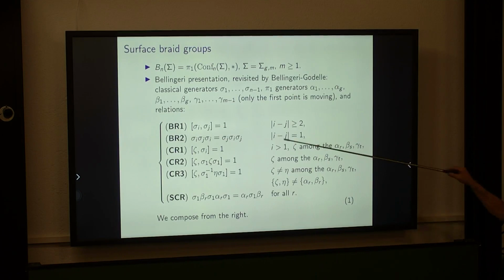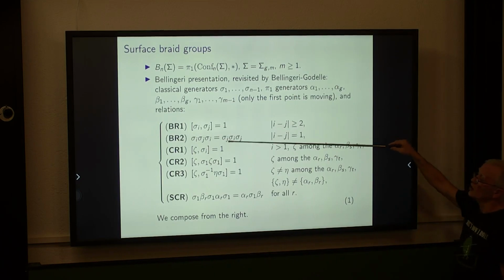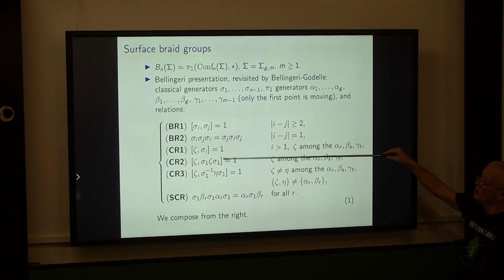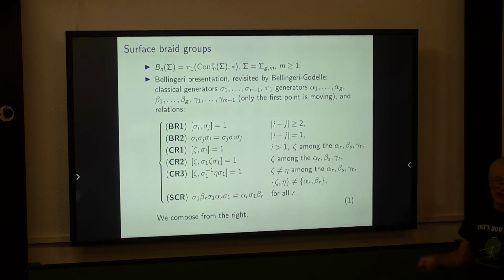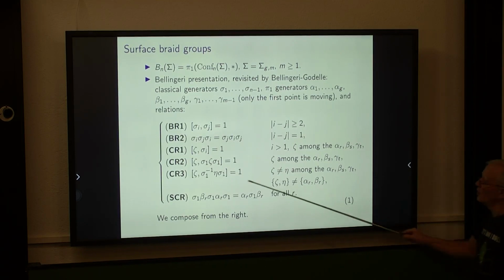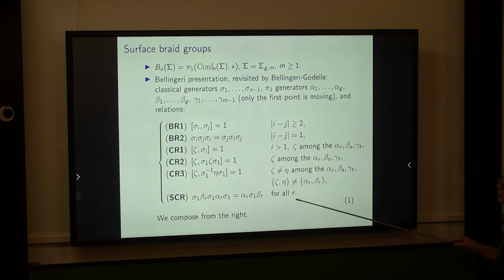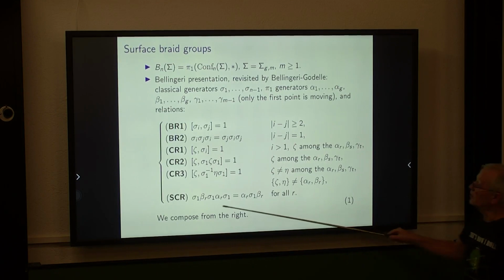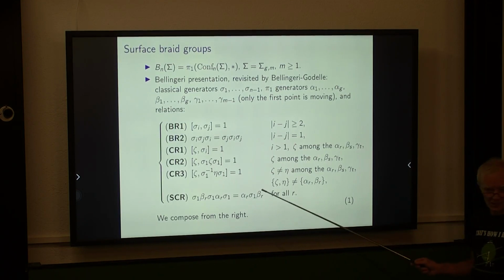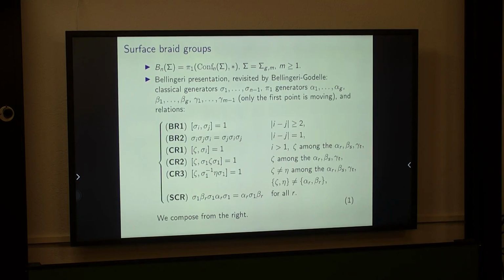These are the classical relations in the classical braid group. Here you have certain commutator relations which are easy to check. I would focus on the last one. If I have time, I will draw this relation, but I will not here. It's easily checked, but the observation is that it is, in some sense, non-homogeneous. That was the starting point for this project.